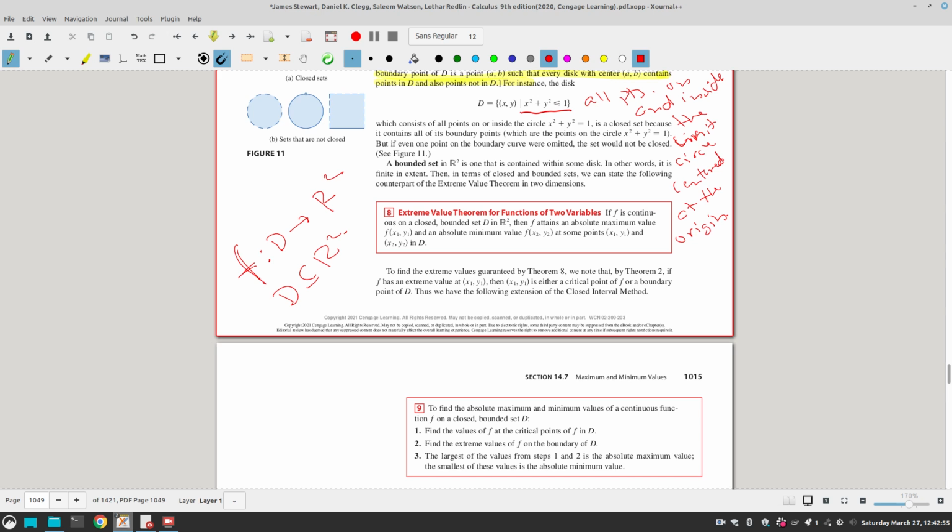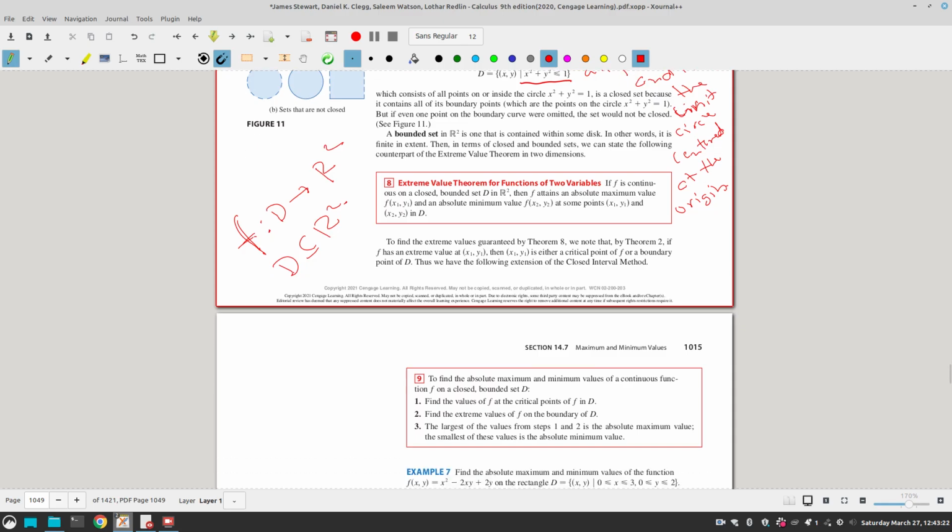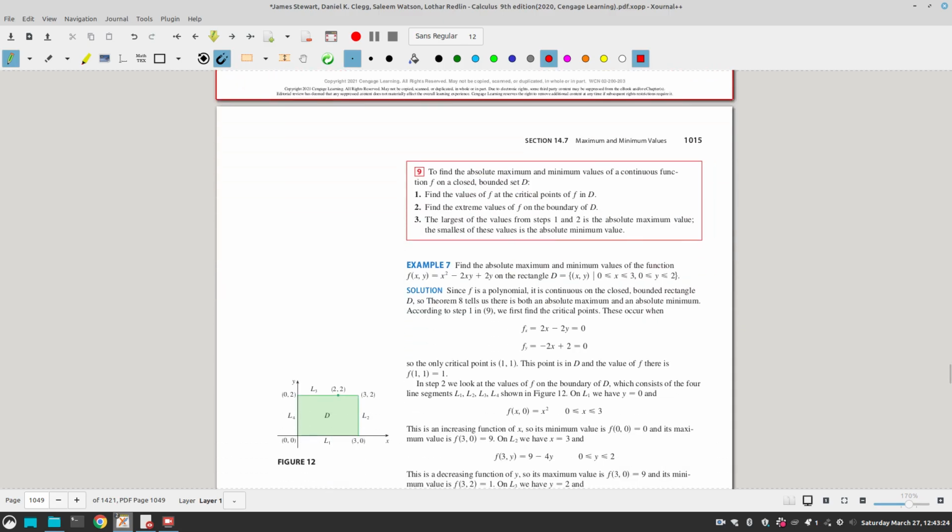This is the extreme value theorem in two dimensions. We're not going to prove this theorem. We're going to take this theorem as a fact, but the proof isn't all that difficult either, right? So we are going to have the absolute maximum and absolute minimum on that closed bounded set, which is a subset of R2.